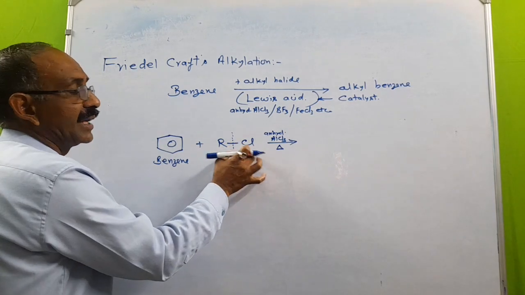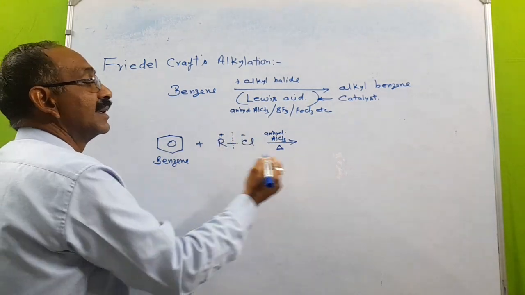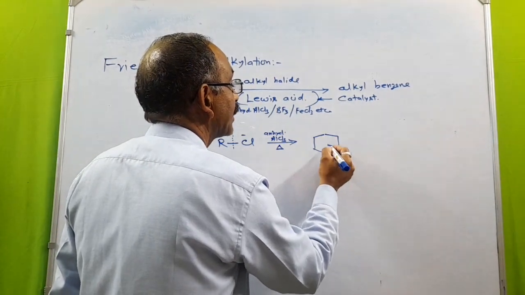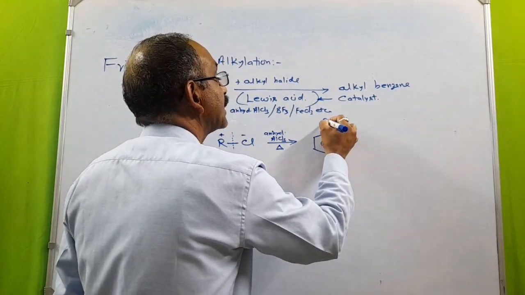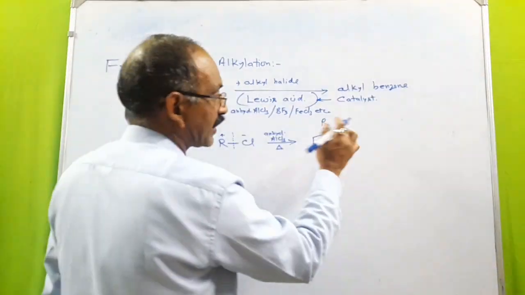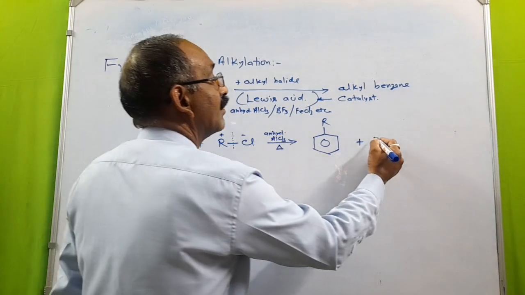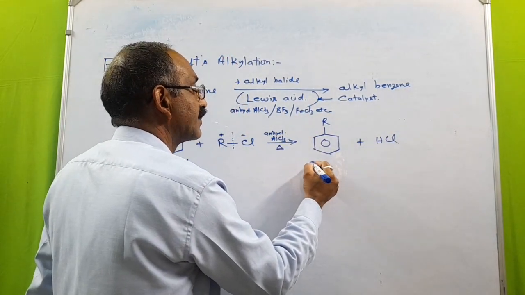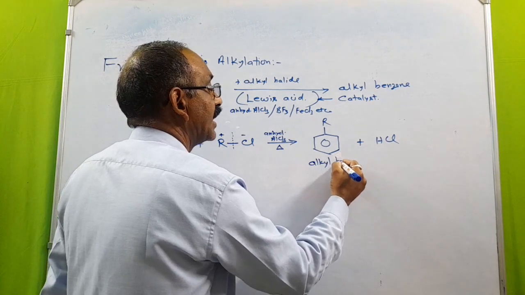Carbon-halogen bond breaking occurs, and as a result, one of the hydrogens of the ring is replaced by the alkyl group, and the hydrogen which sets free from the ring combines with the Cl minus and forms HCl. And here we obtain alkyl benzene.